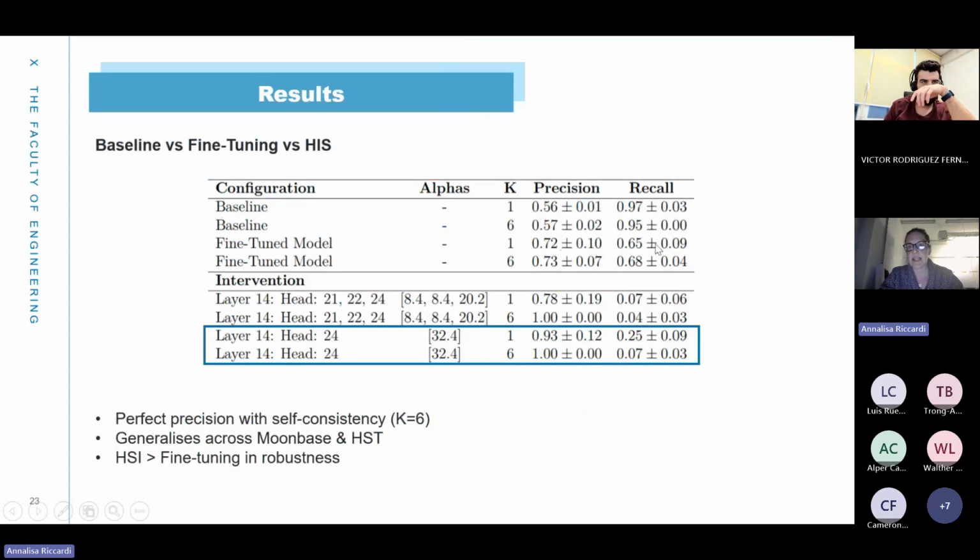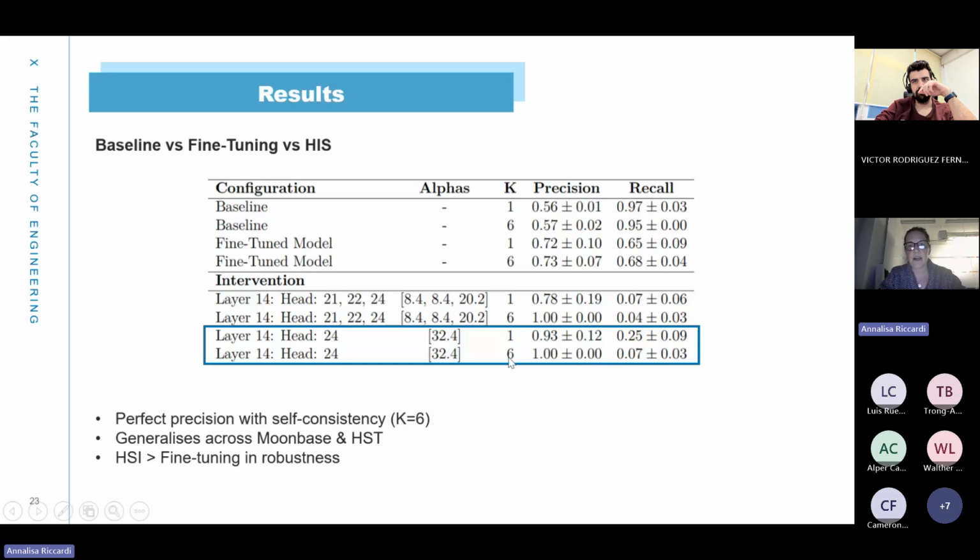And we see that the baseline, as I say, has a precision of 56, 57, so a lot of false positives predicted in here as well, and a recall of 97, 95. While with our intervention technique, we are able to steer the behavior towards what we want, so perfect precision, 1 with 0 variance, with the self-consistency k equal to c.